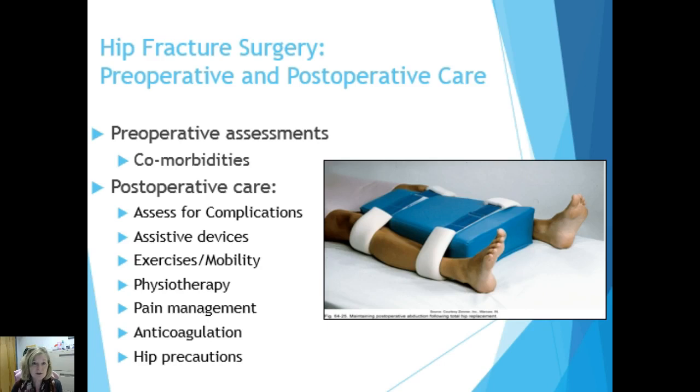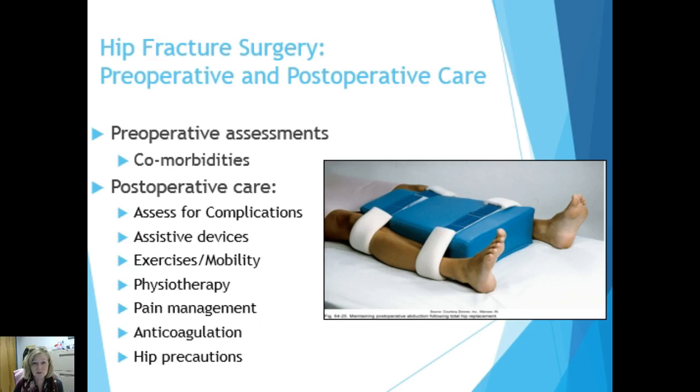So pre and post-operative care, I am going to spend more time working on this in class. I have an activity that I'm going to want you guys to do to look at how we treat a patient and take care of them so that they can recover from a hip replacement surgery or a fractured hip surgery. But one thing we do need to be aware of is how healthy is the patient preoperatively?